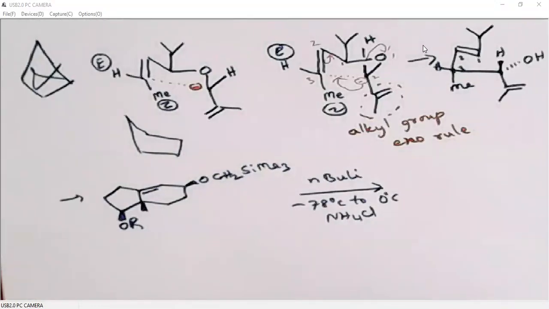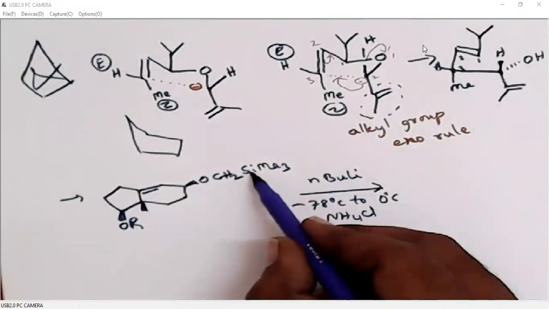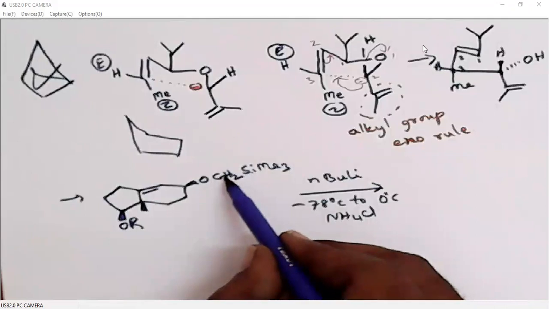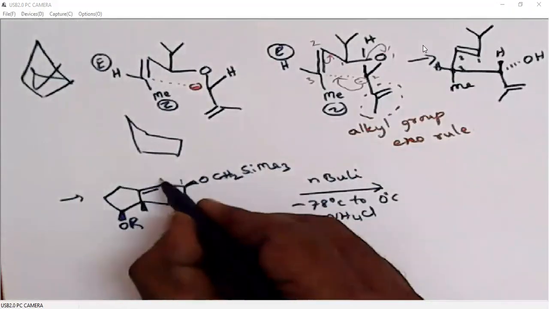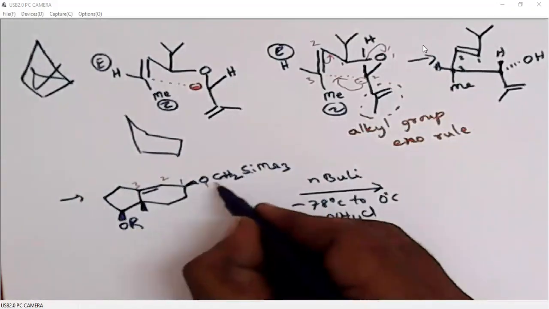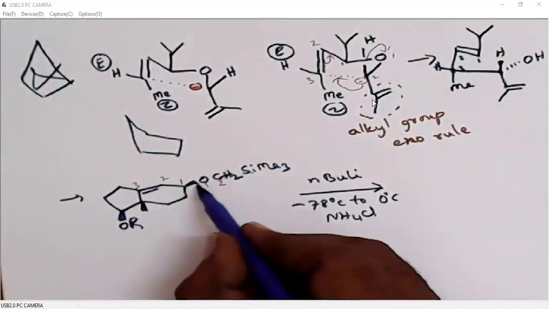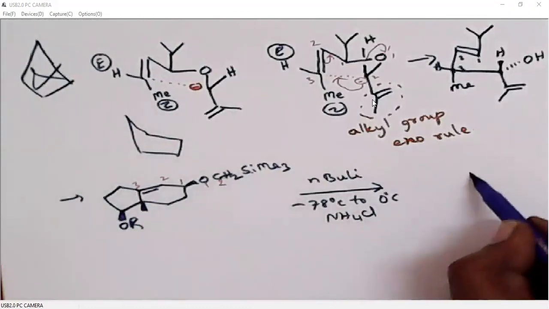So this is CH2 minus oxygen. When we go for numbering, it is 1, 2. Then we can clearly see from the stereochemistry of this oxygen, because it is above the plane, here also when it is forming a bond, it should be above the plane.